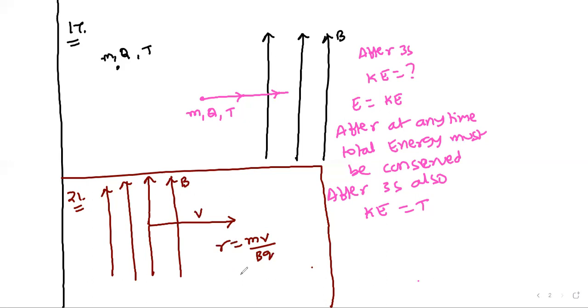At any point the speed is the same, moving with uniform speed. So it will be option B: move in a circular path with uniform speed.